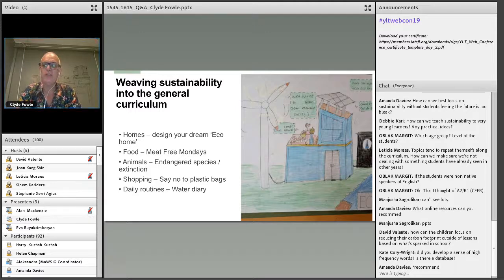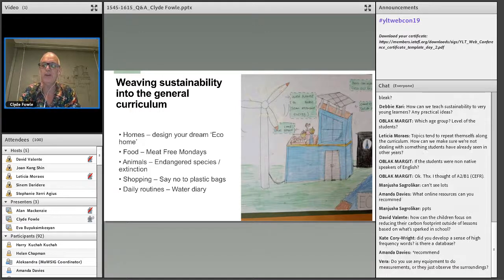Okay, how can children focus on reducing their carbon footprint? That's a good question. Once they learn about energy, fossil fuels and renewable fuels, they, like anyone else, can think about cycling more, walking more.